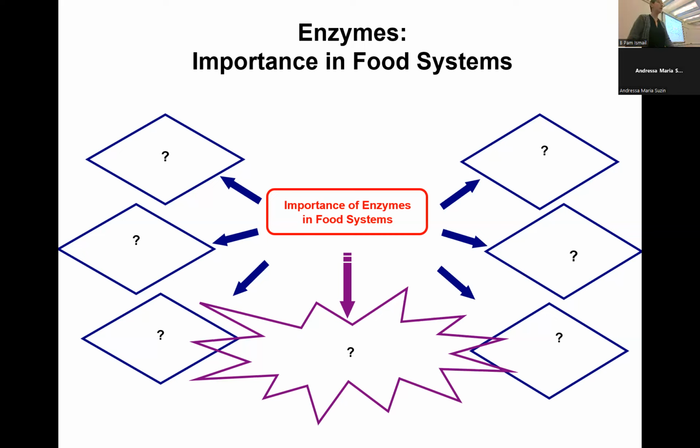Food systems, yes, of course, enzymes have a lot of benefits for us and for the plants. But for food systems, so far, we talked about quality, processing, and use in analysis. You say sensory, like the pineapple has bromelain?